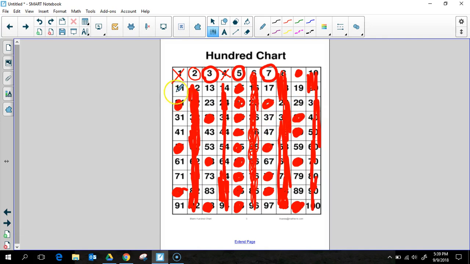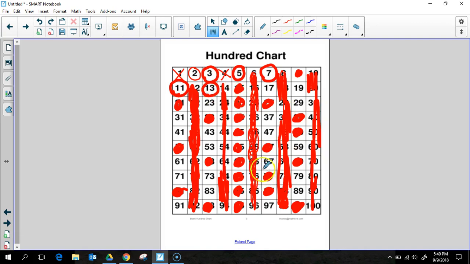After this, 11 is prime. The multiples of 11 are, I think, a diagonal going this way, and we've already marked them all out. 13 is another one, and so on.